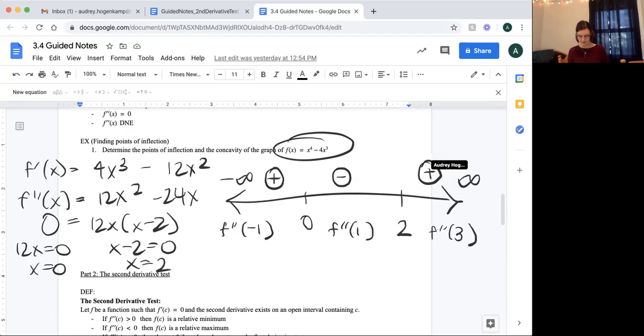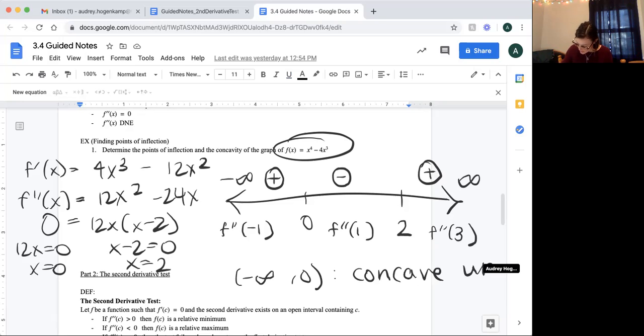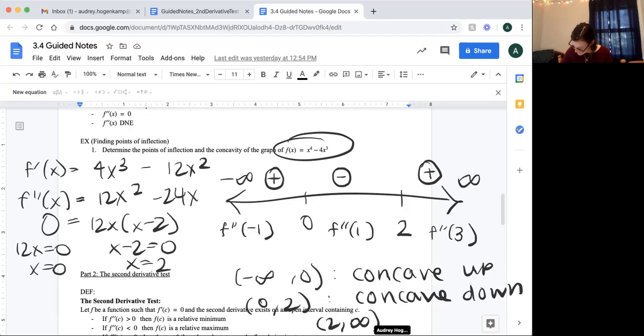So looking at this, on the interval from negative infinity to 0, since I have a positive second derivative, that tells me concave up. From 0 to 2, I have a negative. That tells me concave down. And then from 2 to infinity, that's again back to positive.